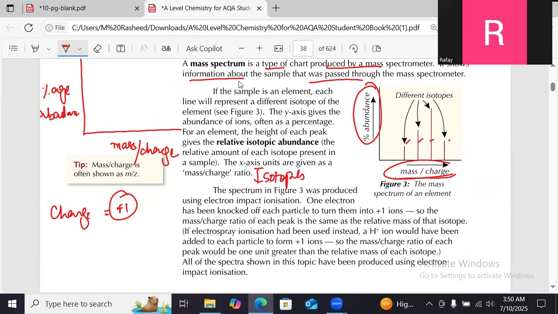The number of isotopes will be equal to the number of peaks. So for example, in a paper, if this mass spectrum is given and they ask you how many isotopes this element has, you'll just count the number of peaks. So there are four peaks, which means four isotopes.